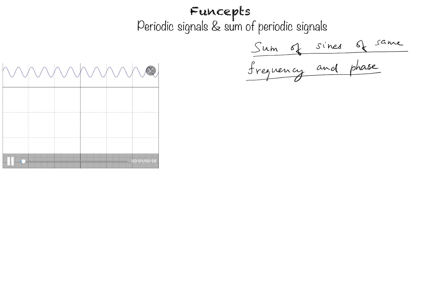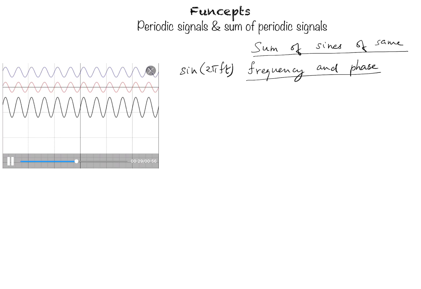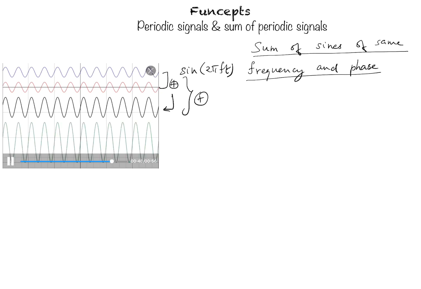So we have the first sine wave, to which we will add a second component, say sine 2 pi ft, another sine wave of the same frequency, and that results in this waveform. And when we add all three together, that would lead us to another sine waveform, which is this one.